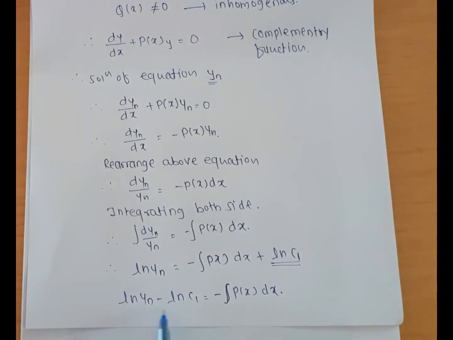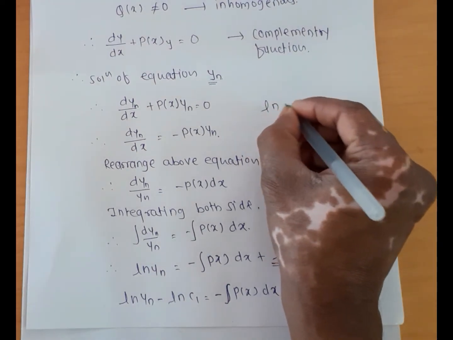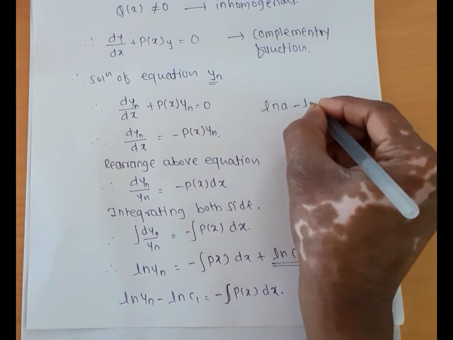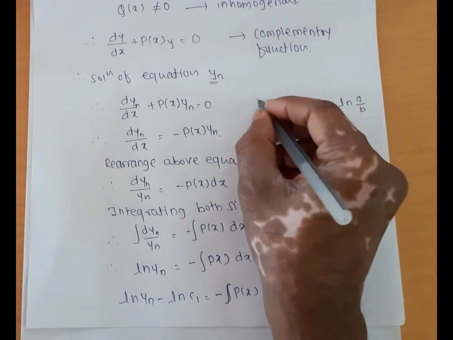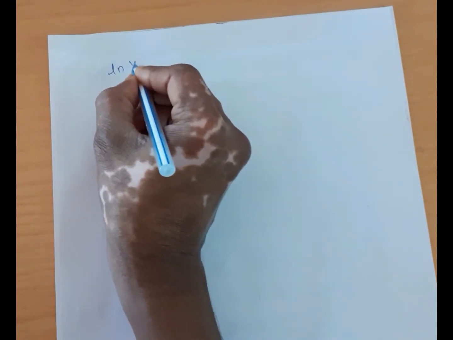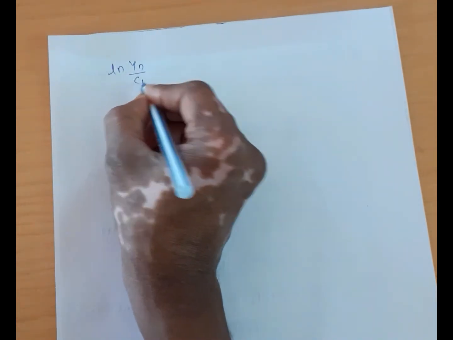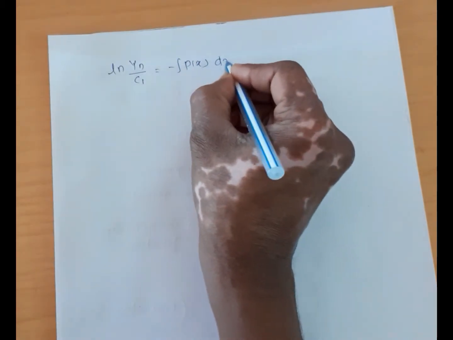You know the property ln of a minus ln of b is written as ln of a upon b. The same formula we use for this equation. So we get ln of yn upon c1 is equal to minus p of x dx.